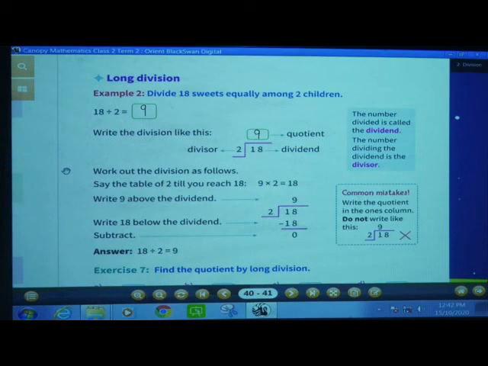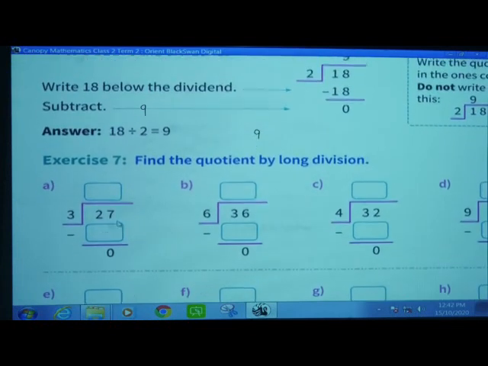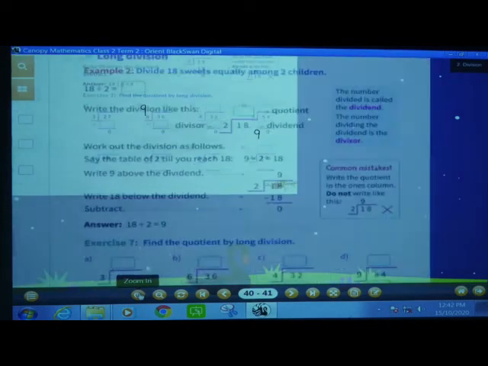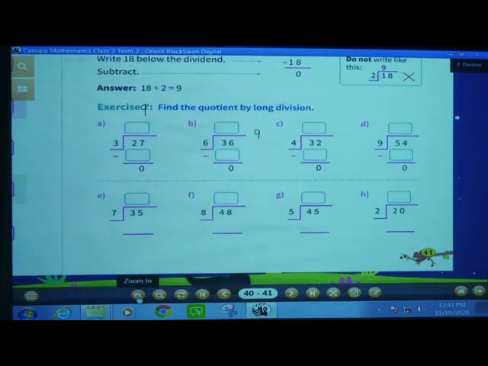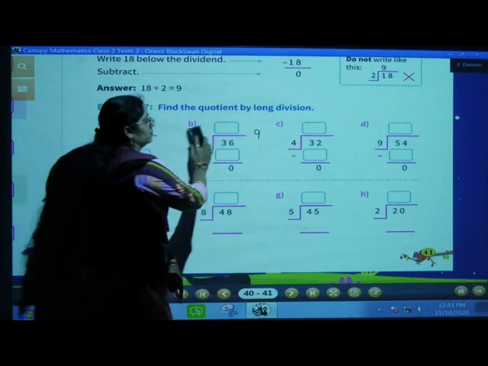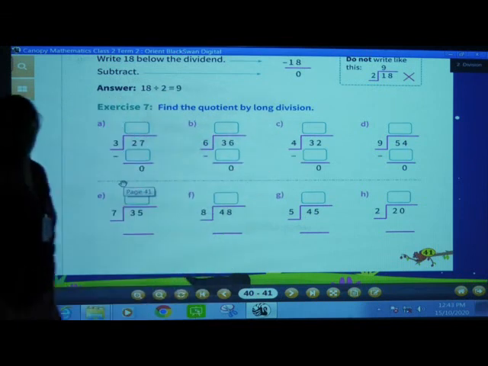Now, exercise number 7. Find the quotient by long division.